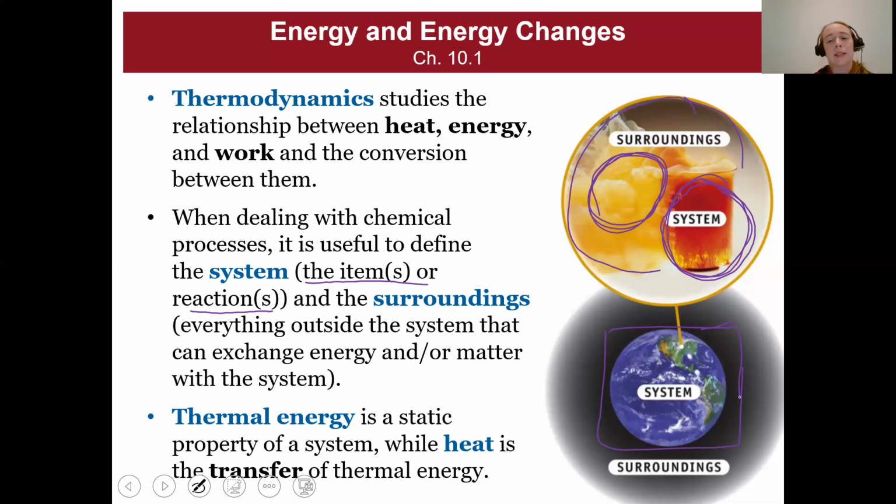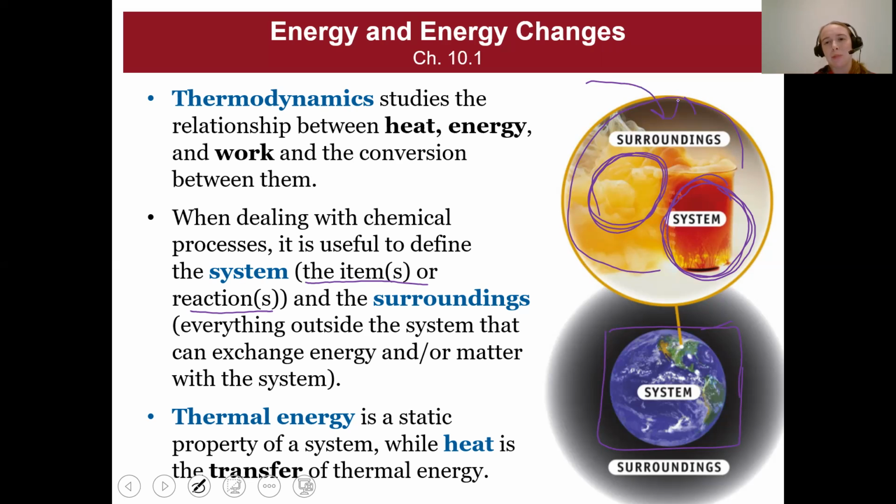And it might not seem like it sometimes, but there is a lot else out there. The rest of the universe is the surroundings. So technically, in this case up here, the rest of the universe is also the surroundings.